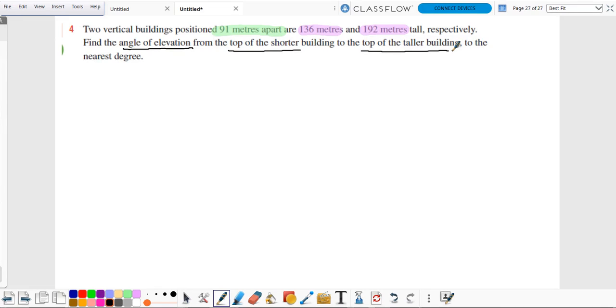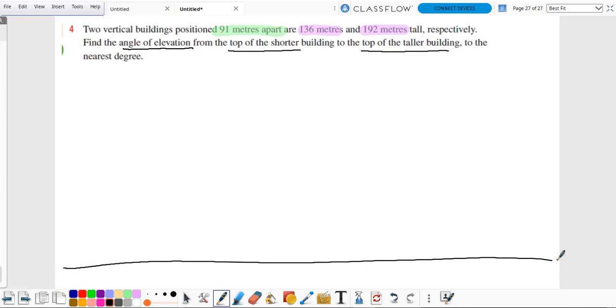So what you should do first here is obviously draw your diagrams. So I'm going to draw two buildings. Let's just say this is my land. So you've got two buildings, one here, and then you've got another building.